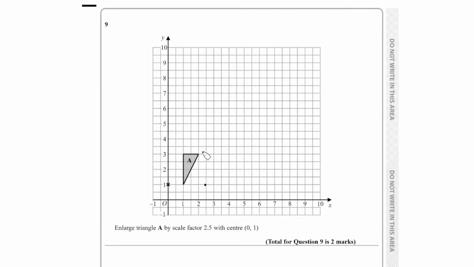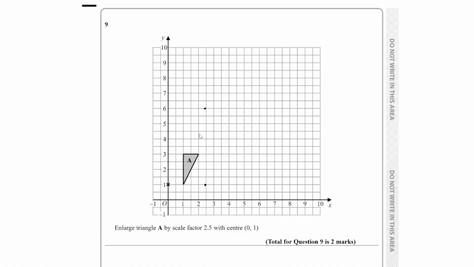Then from there, I just work out the size of the shape. I can see that from this point up, I know it's 4 squares, but I'm just using the fact that it's 2 up in terms of coordinates. 2 times 2.5 is 5 up. So starting here, I go 5 up: 1, 2, 3, 4, 5. You can count the literal squares if you want, that's also fine, but you should get up to 6.